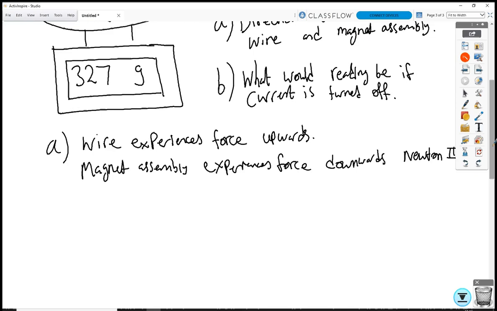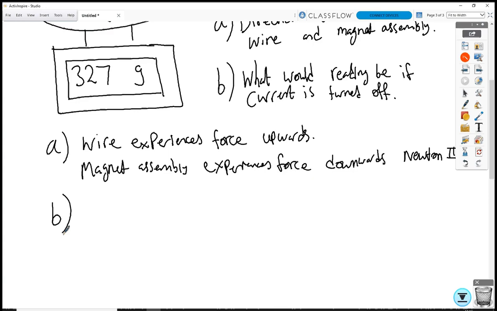Now, part B. We know that the reading that's on the balance is due to two things. Number one, there's the weight of the magnet assembly, but there's also an extra force being applied downwards due to that magnetic field interacting with the current that's going through the wire.